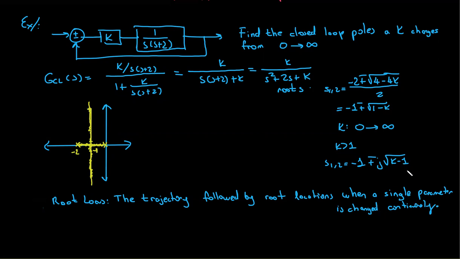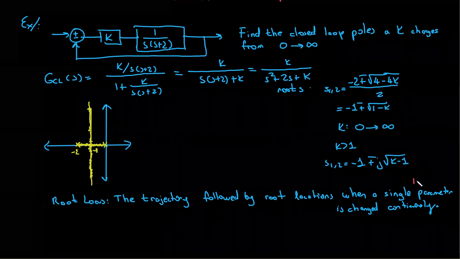So what is that single parameter in our example? That is k, right? In this example. And the trajectory followed by the closed loop poles is those yellow lines over here. Okay.